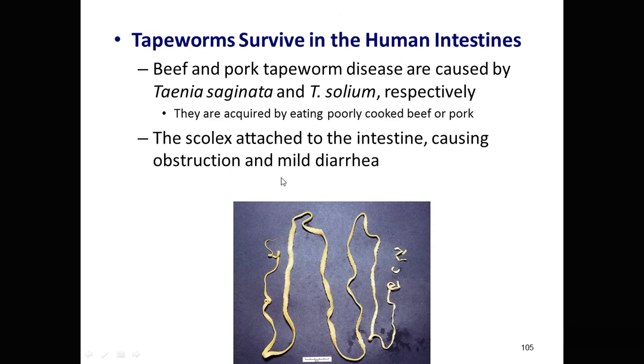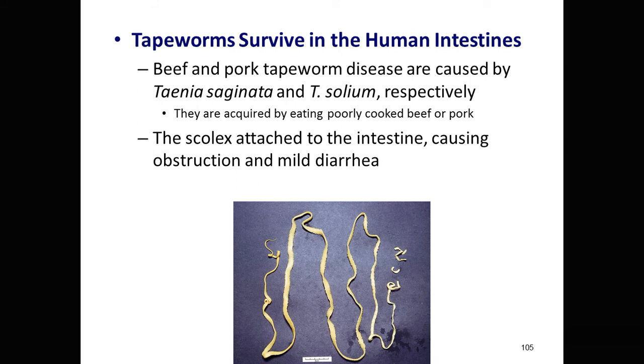There are two types of tapeworms, the beef and pork tapeworms, Taenia saginata and Taenia solium. They are acquired by consuming inadequately cooked beef or pork.